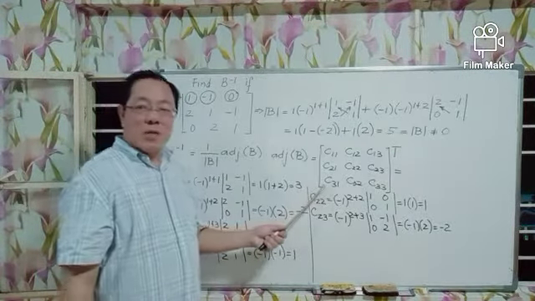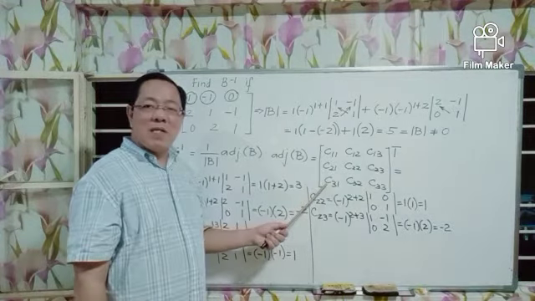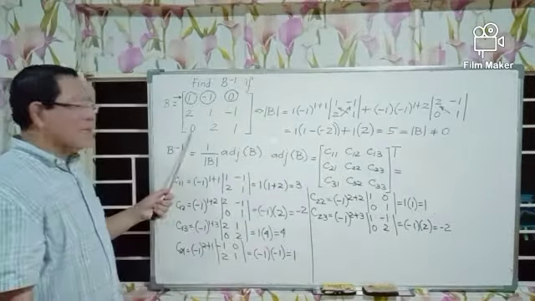We are now in the third row. The cofactor of the element of matrix B in the third row and first column, and that element is 0.